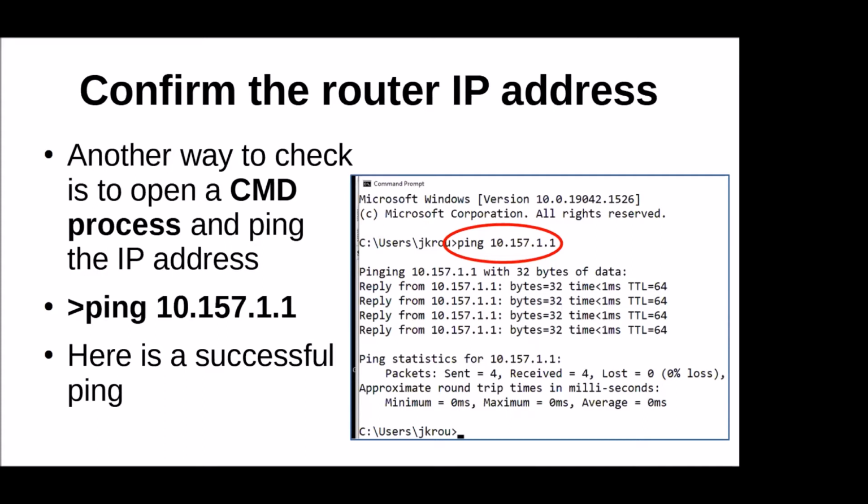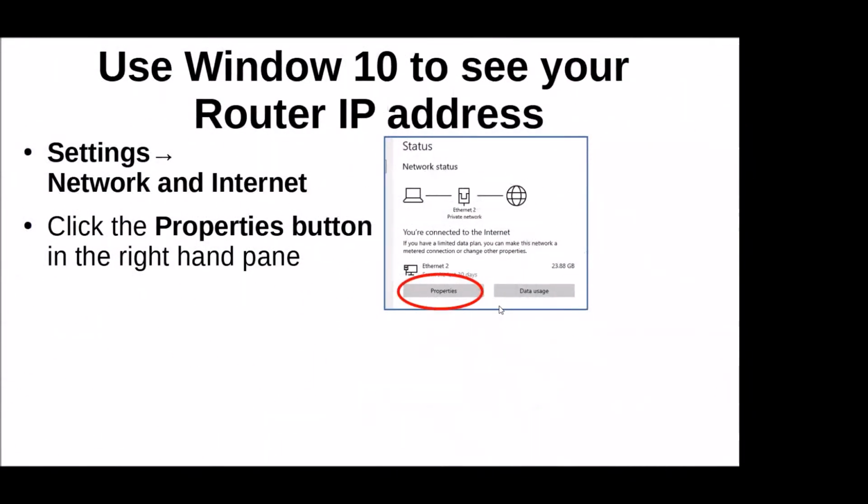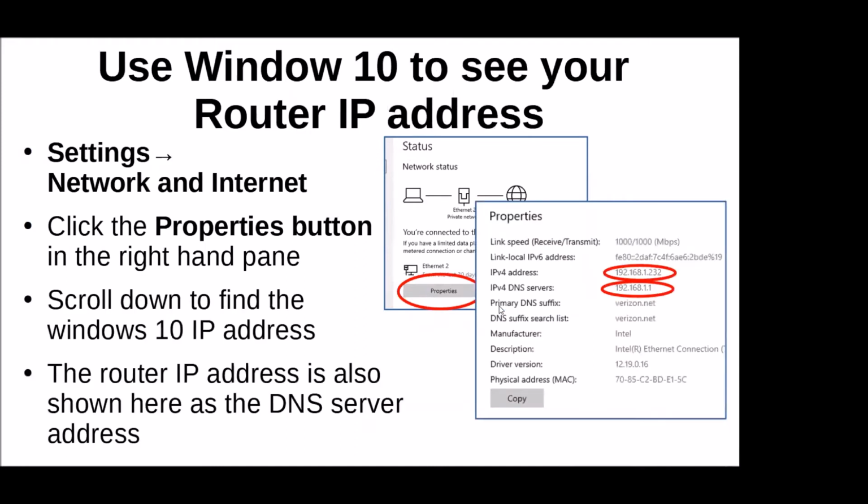For those of you who are using a Pi device, you can open a bash window and do the same thing, or Linux for that matter. And I'll just review this quickly to see your router IP address. It's the same couple of slides that I showed in the prior presentation.